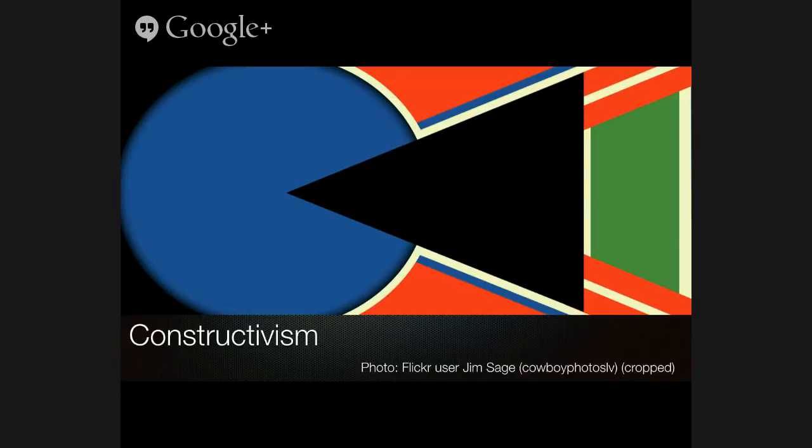The notion of constructivism is that it's a theory, based on observation and study about how people learn, that says that people construct their own understanding and knowledge of the world through experiencing things and then reflecting on those experiences. And just in case you're confused by my graphic, constructivism, the Russian art movement, is different and unrelated to the constructivism that we're talking about.